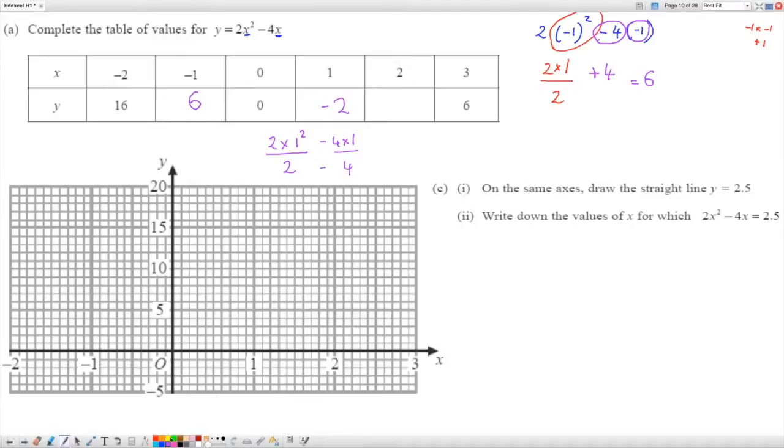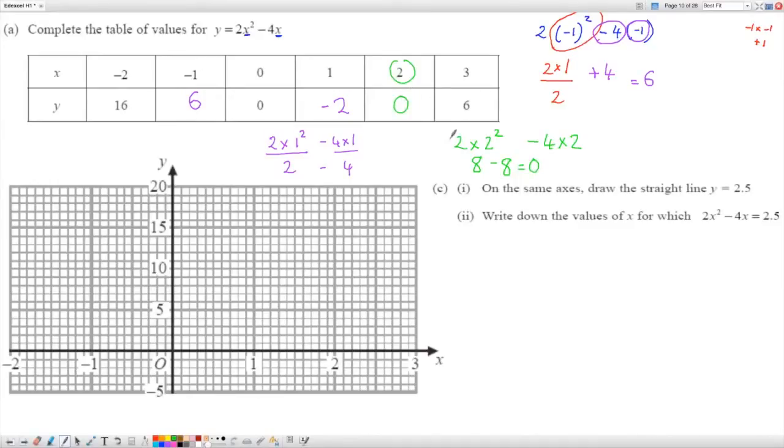My next x is 2. We have 2 times 2 squared. 2 squared is 4, 4 times 2 is 8. Minus 4 times 2, 8, gives us our value here of 0.